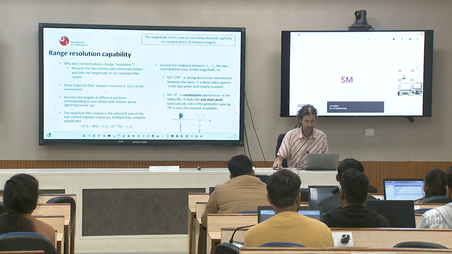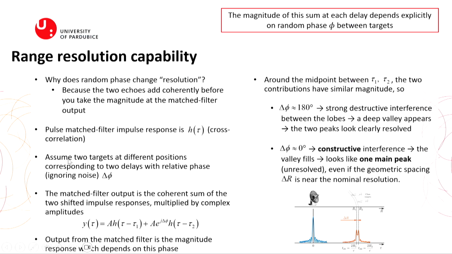So if we assume the two targets are at different positions, with corresponding two delays and relative phase, we will ignore noise now. The difference between one complex amplitude and the second will be delta phi. It is the phase difference. So you can see it is one complex amplitude, the second, and this is the phase difference.